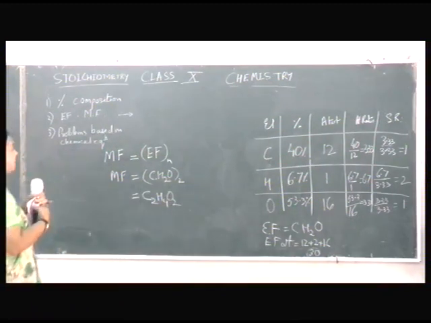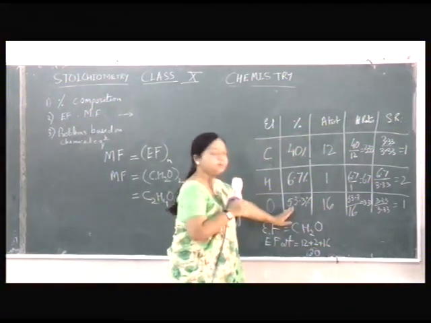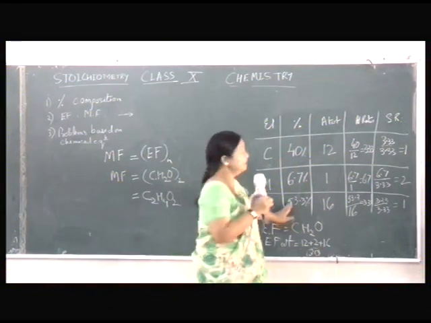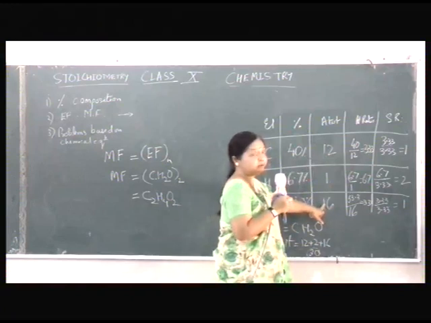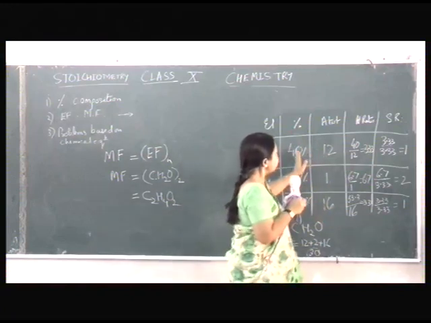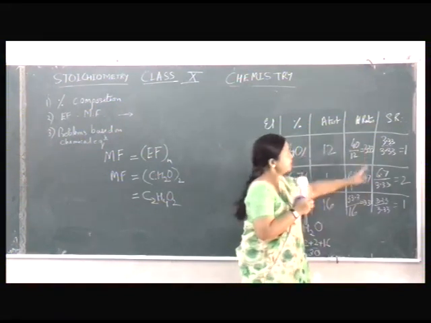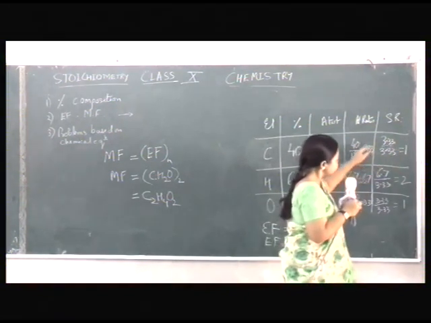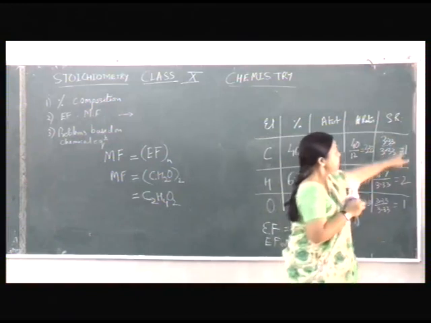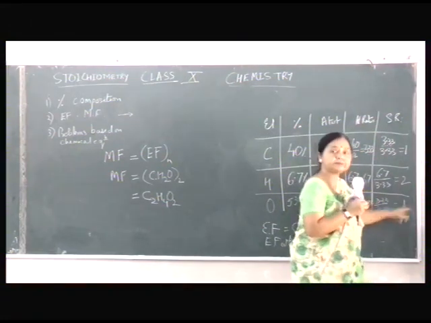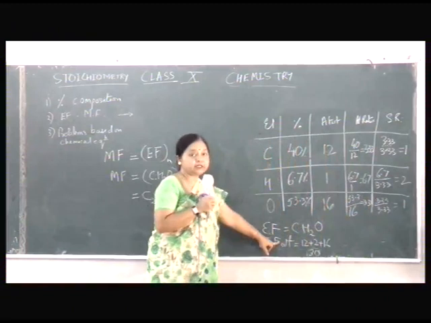The first step is write down this chart, write down the elements, write down the percentage composition, all these are given. Then the atomic weight, this is also provided. Next you divide the percentage by the atomic mass, you get the atomic ratio. To bring it to the simple ratio, you select the smallest number here and divide each by that number. From that ratio you calculate the empirical formula weight.